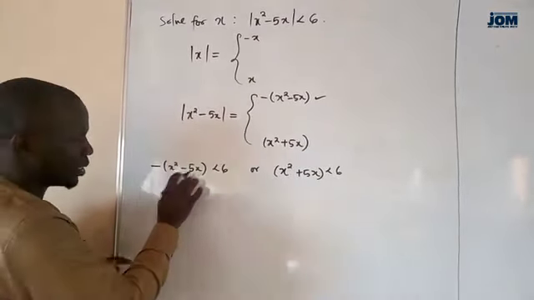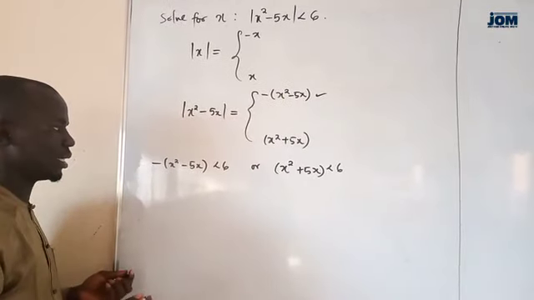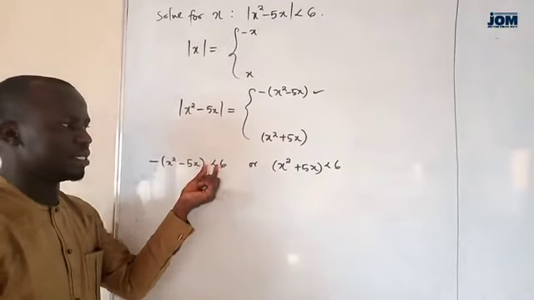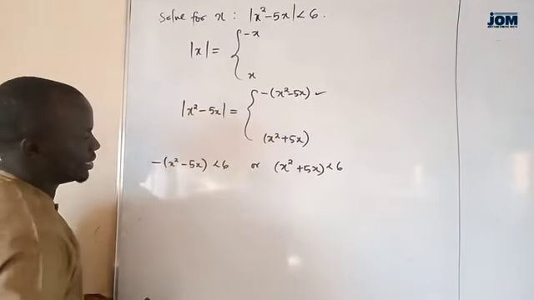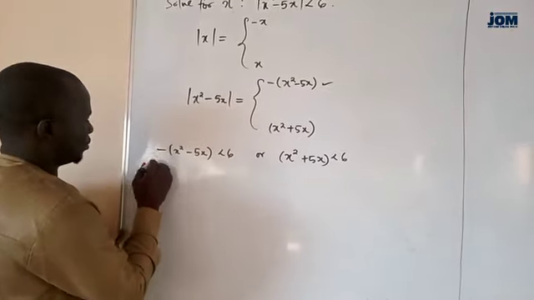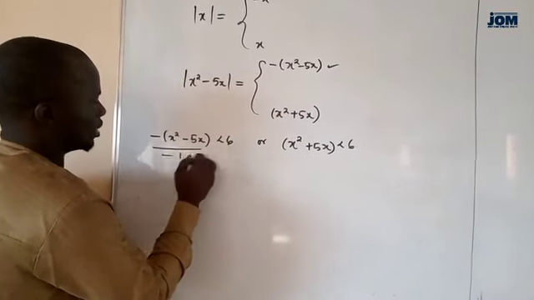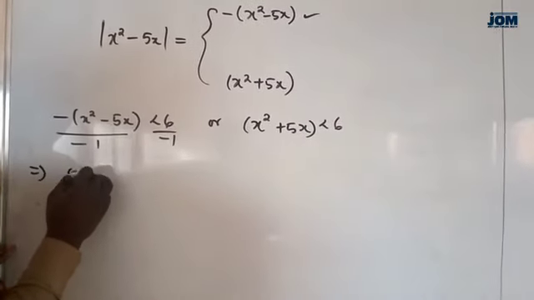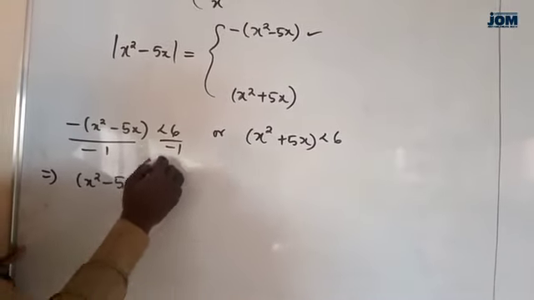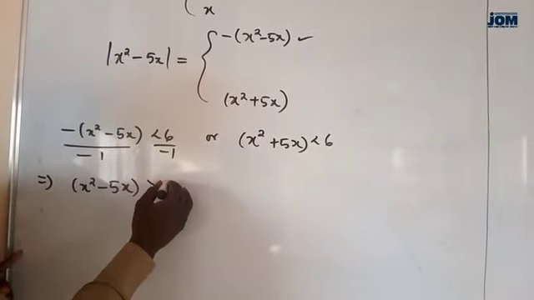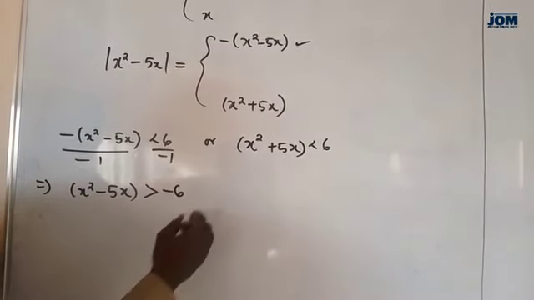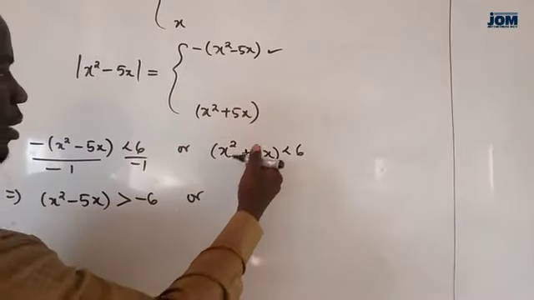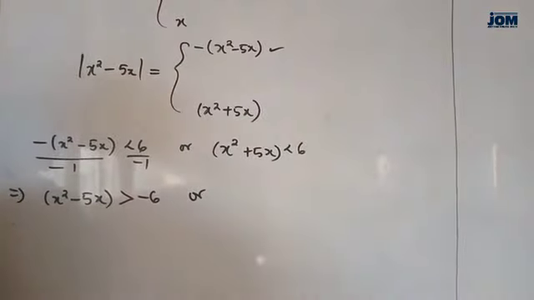Now, if we have something like this, we can divide both sides by minus 1. And dividing through by a negative will change this sign from less than to greater than. So dividing both sides by minus 1, everything here becomes x squared minus 5x, now changed to greater than minus 6. While this one will be just the same, x squared plus 5x less than 6.